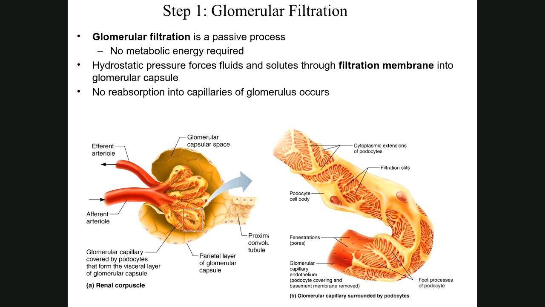And we have efferent and afferent arterioles. And the glomerular capillaries are fenestrated, with pores in them. And we have those podocytes, as I said, with foot processes that attach to the basement membrane, and between them we have the filtration slits. This is the main reason why glomerular filtration is passive; no metabolic energy is required.